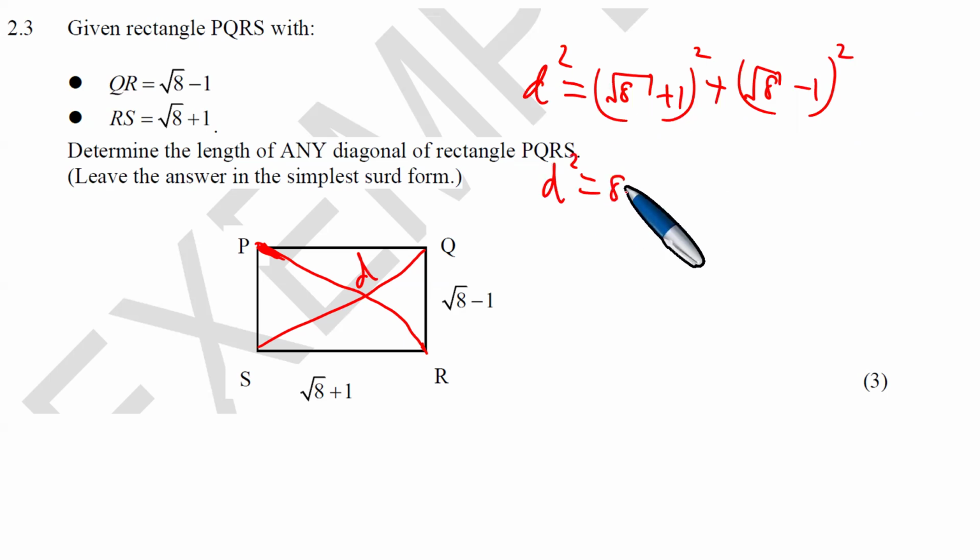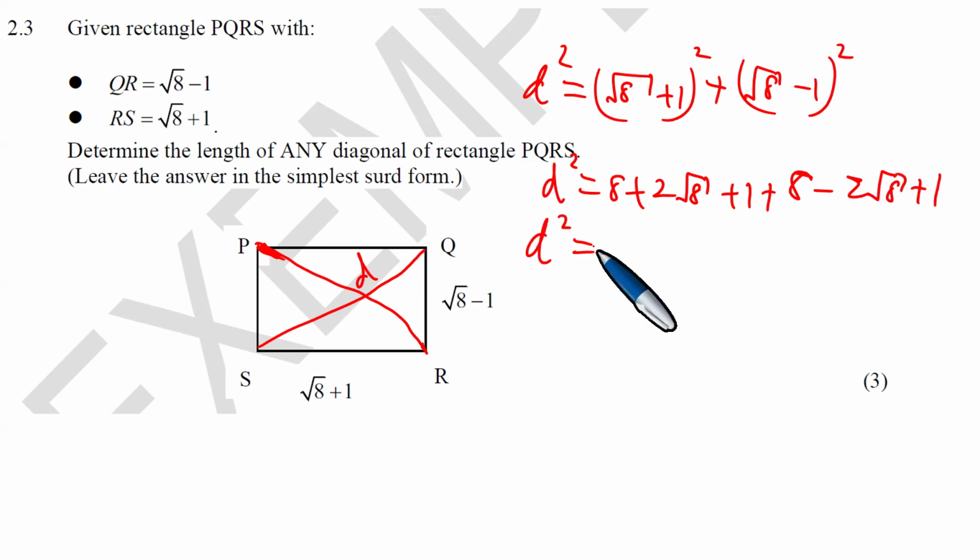You square this, which is 8 plus 2 times the square root of 8, plus 1, and then you square this one, which is 8 minus 2 times the square root of 8, plus 1. 8 plus 8 is 16, 16 plus 2 is 18.